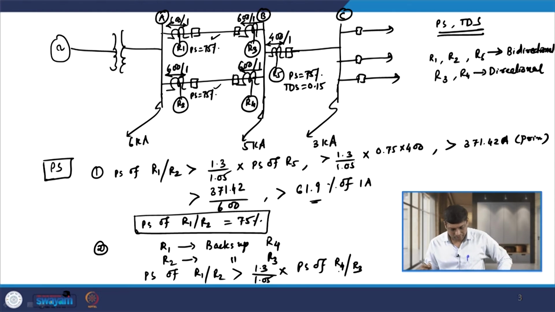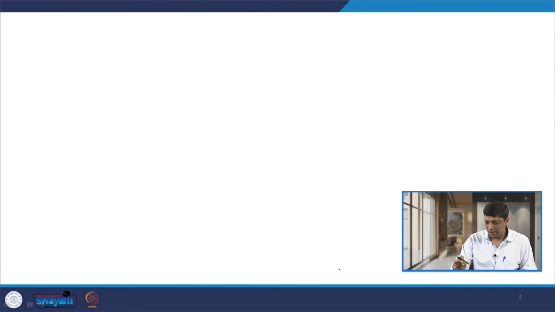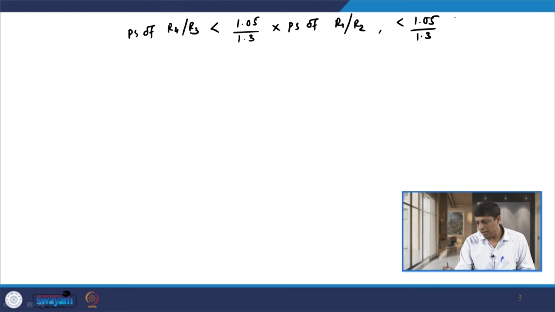If I rewrite this in terms of R4 and R3, then the plug setting of R4 and R3 is less than 1.05/1.3 into the plug setting of R1 and R2. If I put in the value, the plug setting of R1 and R2 we have already decided is 75% of 600 ampere. So we can write 0.75 into 600.